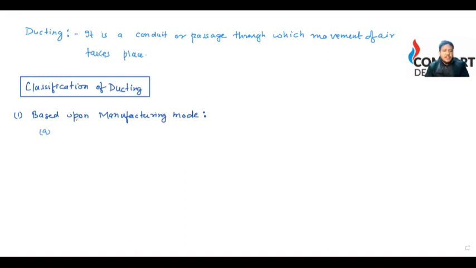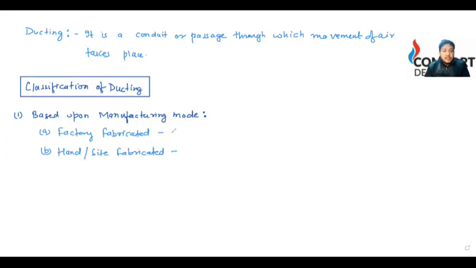The first one that we have is factory fabricated, and the next one is hand fabricated or site fabricated. So what is the difference between these two?